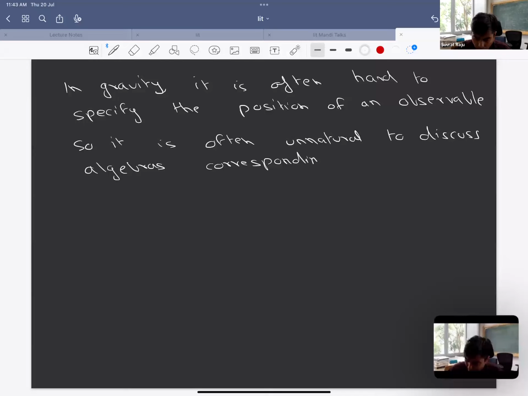Okay. However, even in gravity, this is... sorry, on my screen here, I only see "corresponding," and I wrote beyond that, but it has not shown up. Yeah, it's not shown. Oh, but why is that happening? Sorry, I'm really sorry about this.